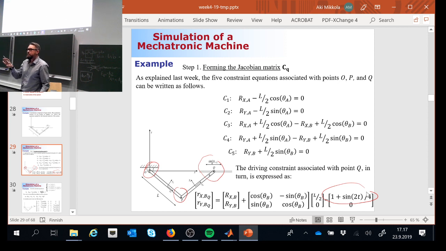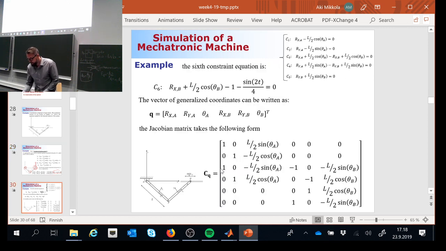The y position is equal to 0 because the system is not allowed to move along the global y direction at this point Q. This motion is not allowed. Clear. All right. So that's going to give me the sixth constraint equation. The first 5 are expressed here, and my sixth is the one that is shown here.